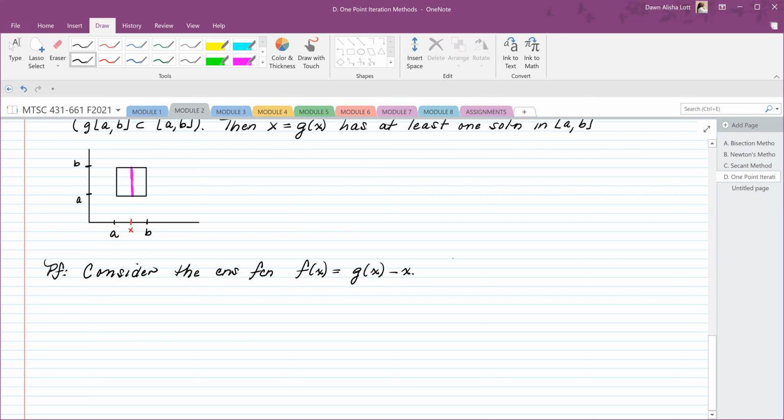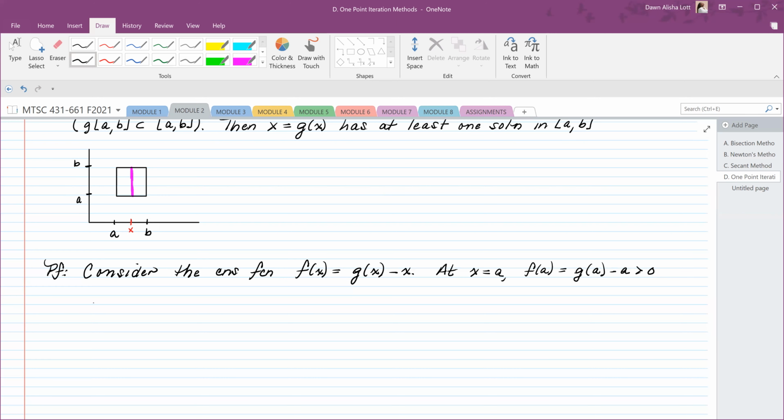At x equals a, f of a is equal to g of a minus a, and I know that's greater than 0 because g of a is bigger than a.